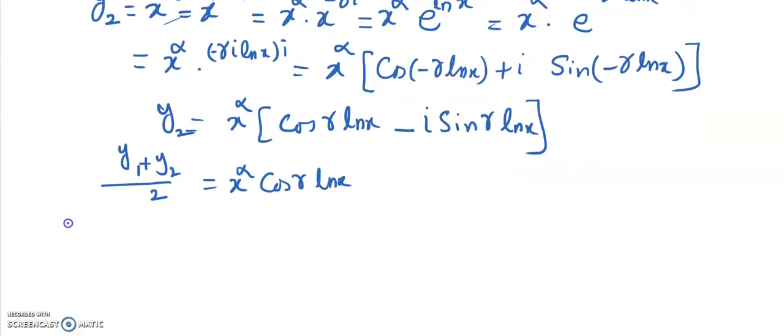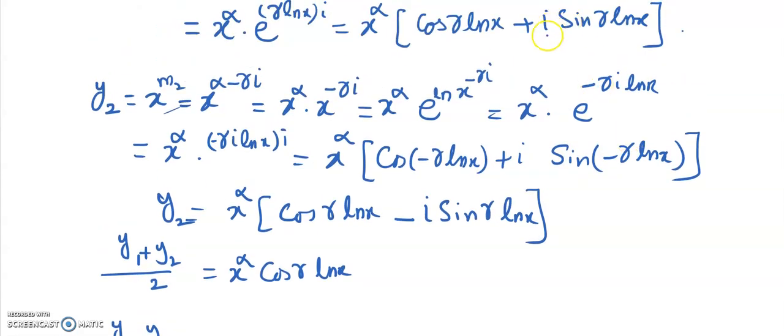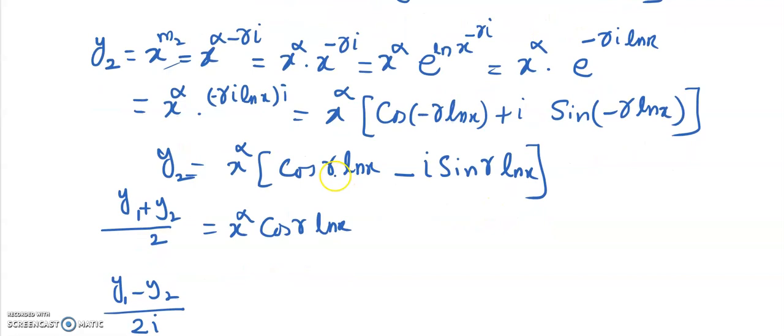Then if we subtract y1 minus y2 and divide by 2i, the cosine term will cancel out, and we will get x to the power alpha sine of gamma log of x.